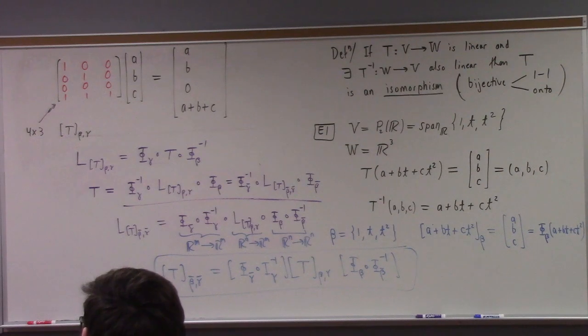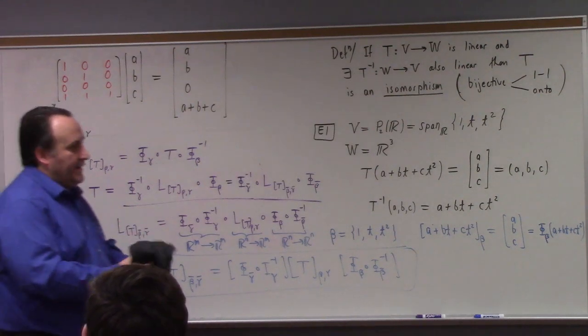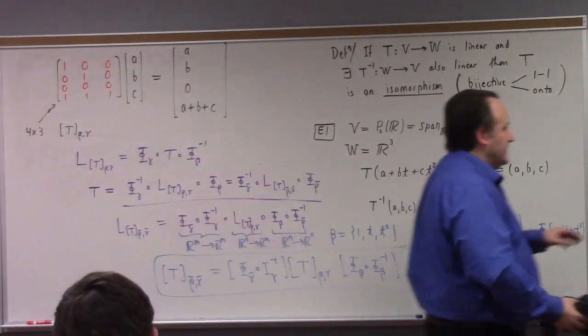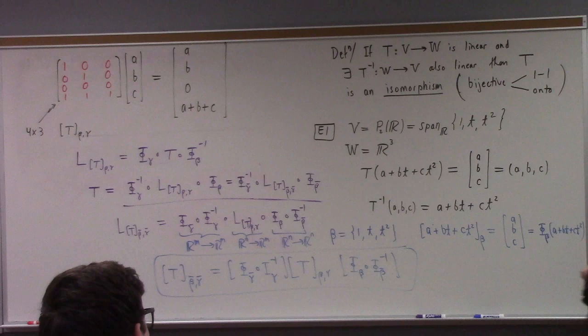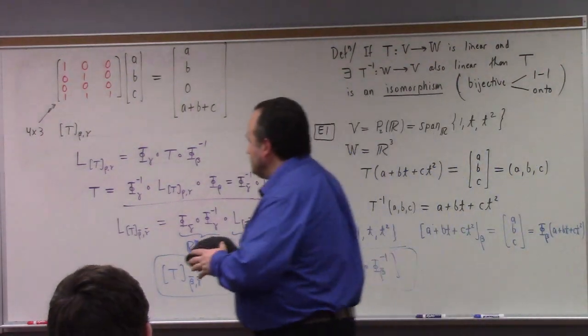It's giving you a matrix that has all the information about the linear transformation. And because these are isomorphisms, things that are true about the linear transformation will also be true about the matrix of the linear transformation. So you can study the properties of the linear transformation by studying properties of the corresponding matrix.